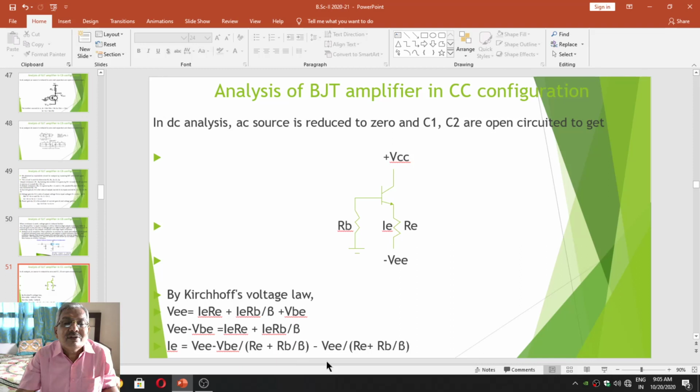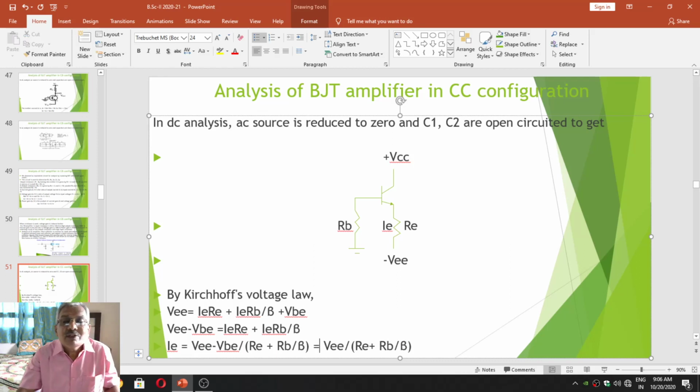That is approximately equal to VEE upon RE plus RB upon beta.